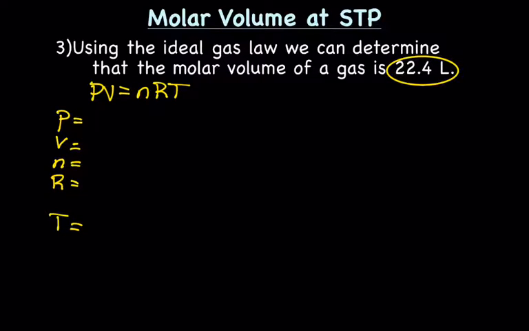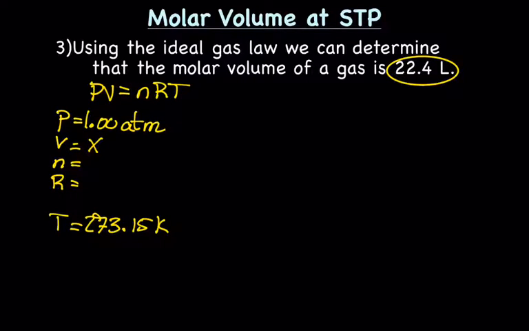So we already know that our pressure is 1.00 atm. Our temperature is 273.15 K. We know our volume is x, that's what we're trying to calculate.